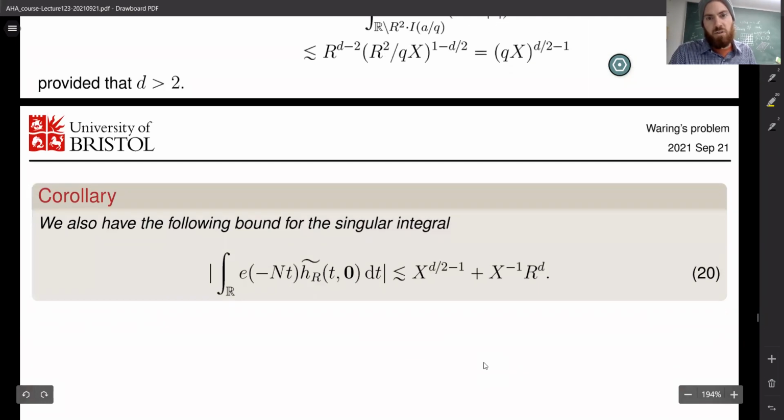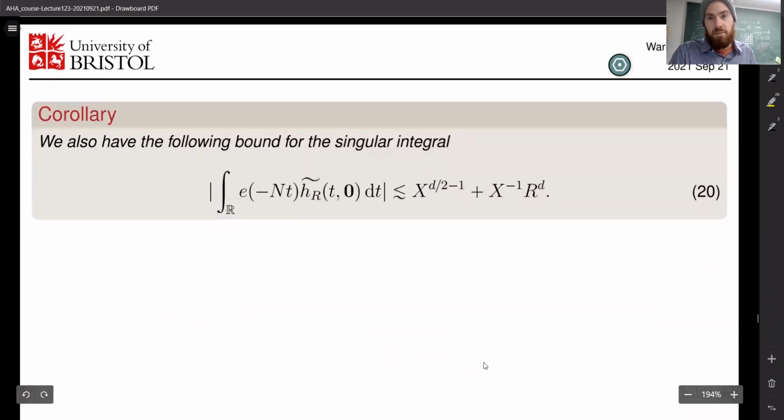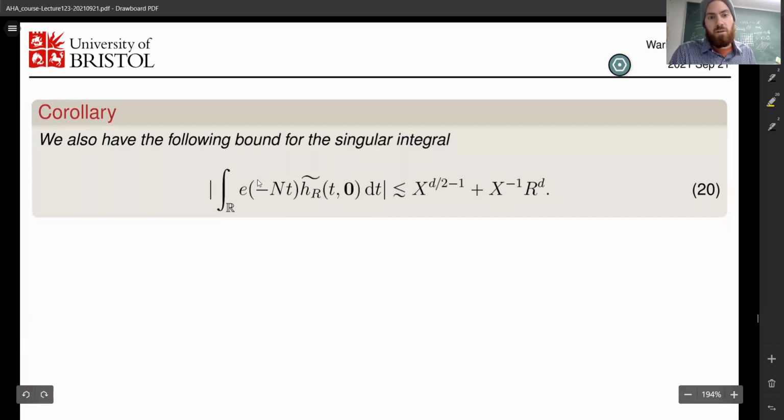And inside of I of a over q, I just apply the trivial bound. I of a over q is now 0 over 1, so it's basically length 1 over x, and the Fourier transform of h of r we saw before was just size r to the d.